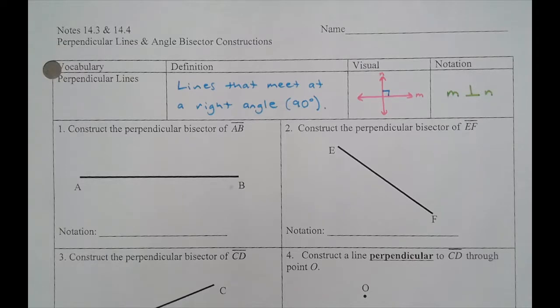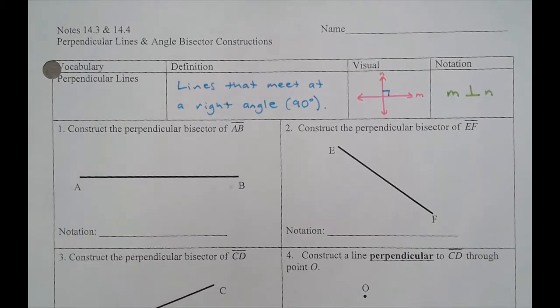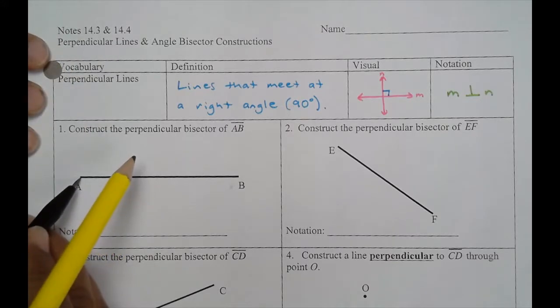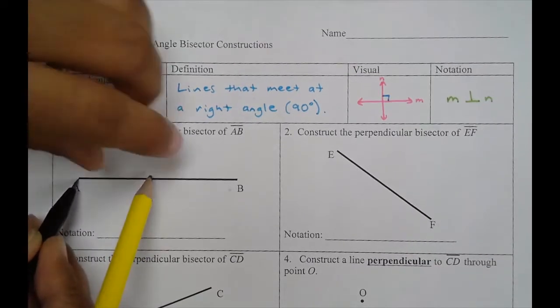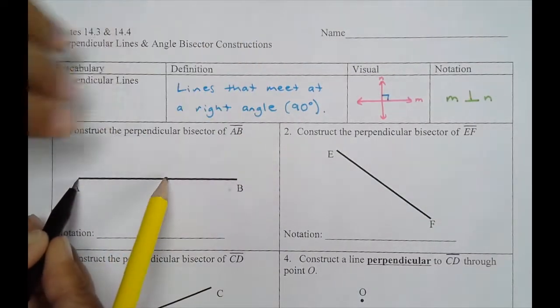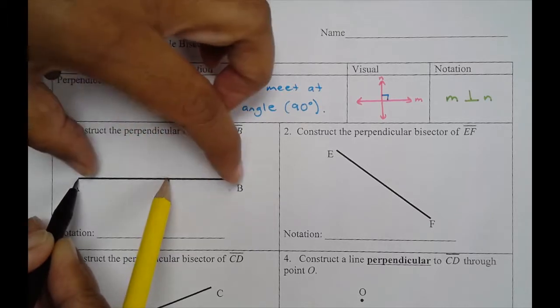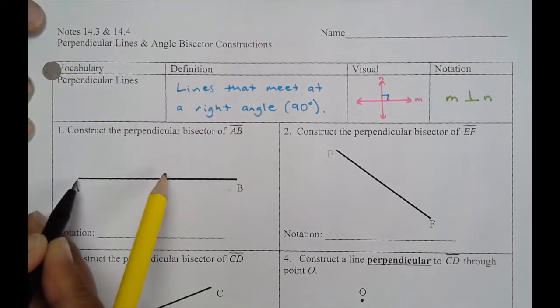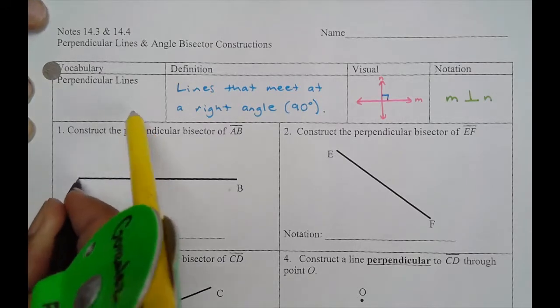So what we're going to do is we're going to take our compass and we're going to place our pointer on the end point, completely at the end, and we have to make sure that this pencil end is more than halfway. It has to be more than halfway, otherwise it won't work. Now, once you have that width, that's more than half the distance from A to B, you're going to go ahead and make sure the pointer's on the end, and you're going to start drawing an arc.